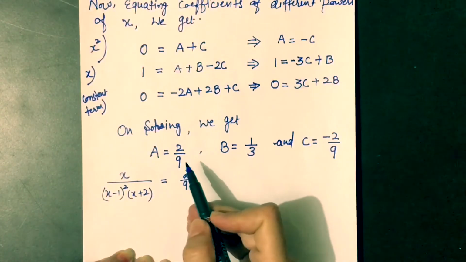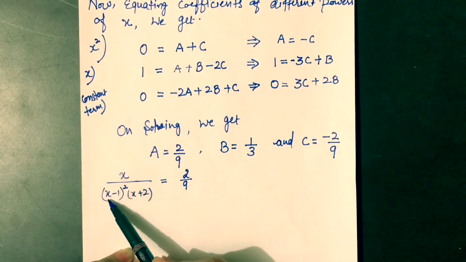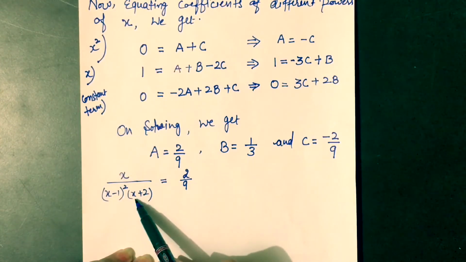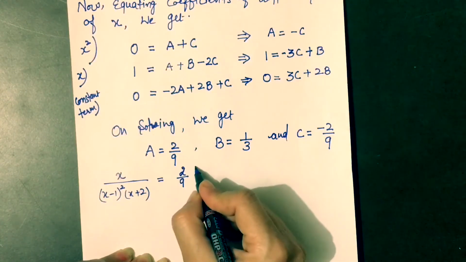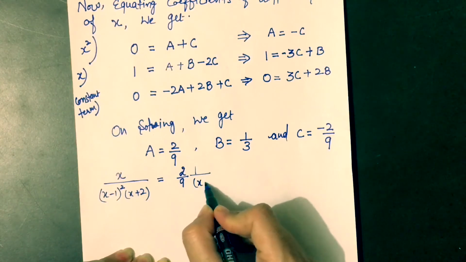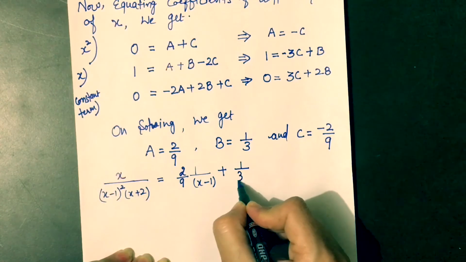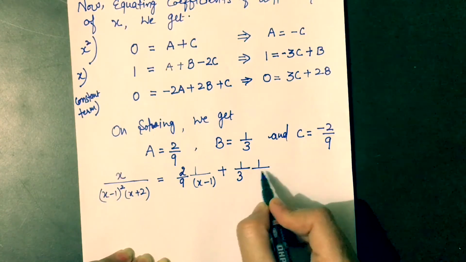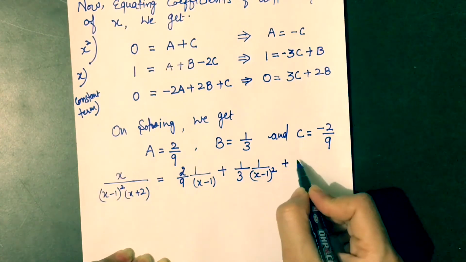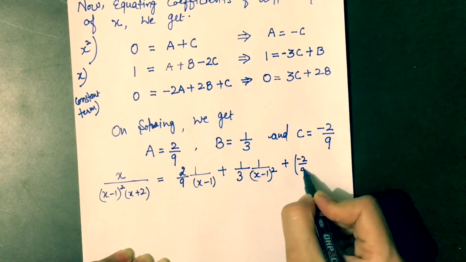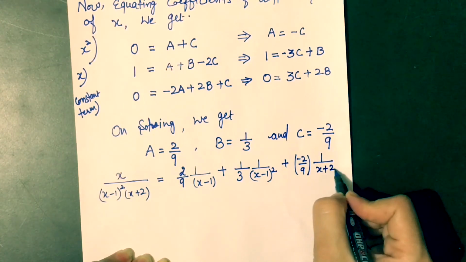Now we will put these values of a, b and c in the rational function x upon x minus 1 square into x plus 2 is equal to 2 by 9 into 1 upon first factor is x minus 1 plus b has value 1 by 3 into second factor x minus 1 whole square plus c has value minus 2 by 9 and third factor was 1 upon x plus 2.